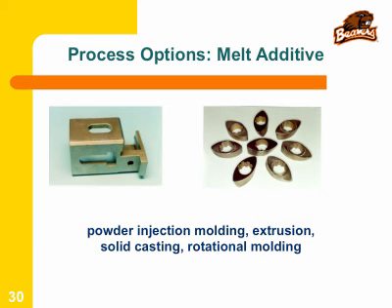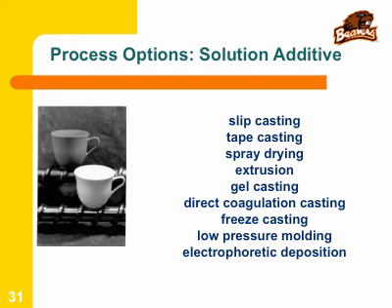Alternatively, different kinds of castings will allow you this: rapid prototyping, injection molding, extrusion, solid casting. These all are cases where we look at the organic additive or the polymer in the melt phase during processing. And many things like slip casting, tape casting, drying, extrusion, all these things, right, look at using a solution to create shapes.